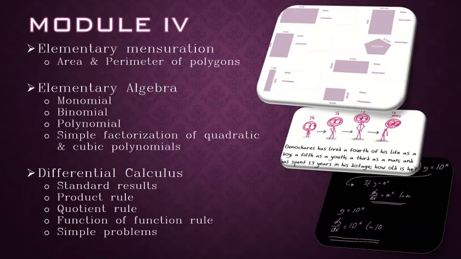There are different types of polynomials with respect to their number of terms. There are polynomials with one term, two terms, three terms and even more. Based on the number of terms, the polynomials are classified as monomial, binomial and polynomial.